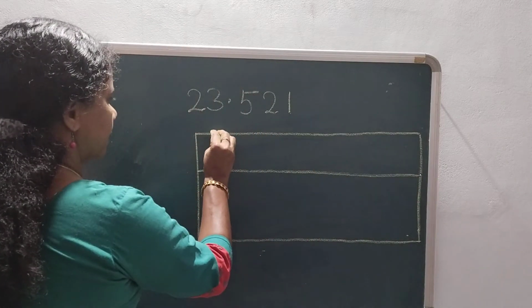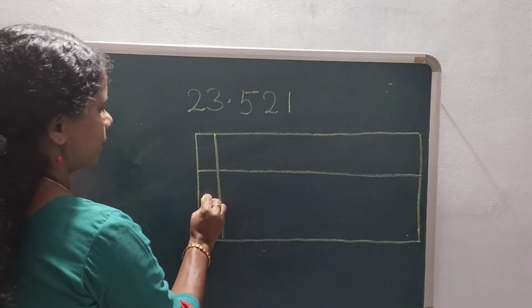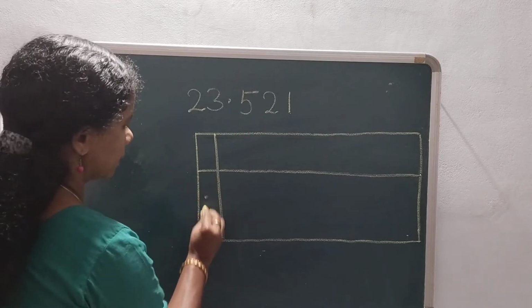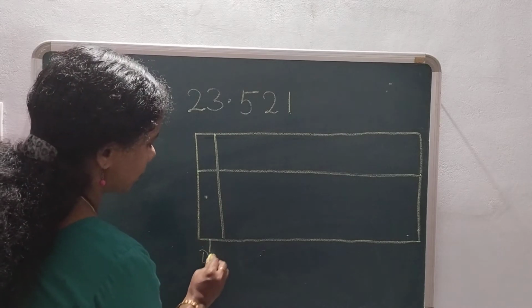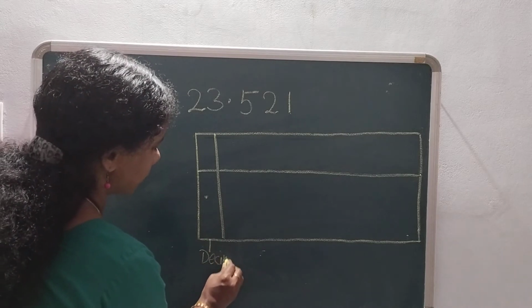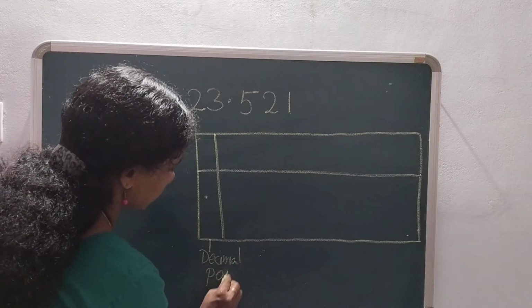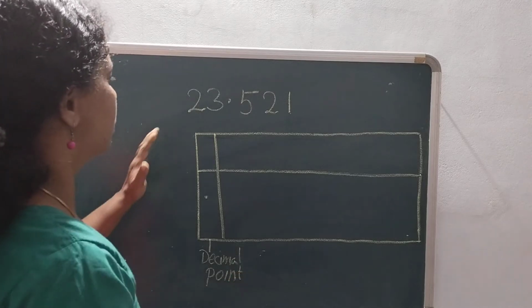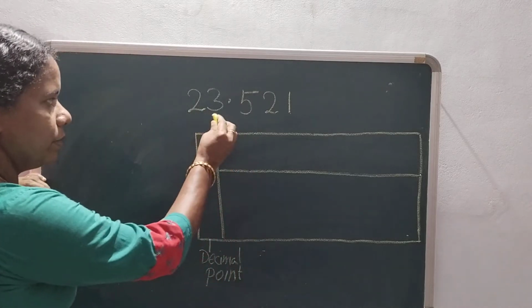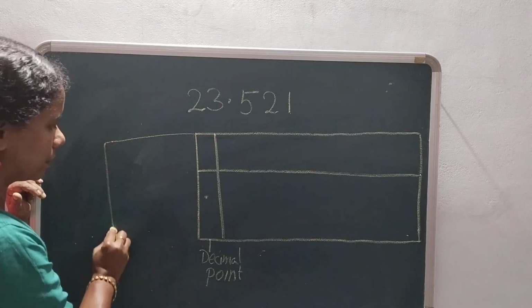Now let's give this portion for the decimal point. Okay, see, this is for the decimal point. Now see, for the whole number we know it, isn't it?